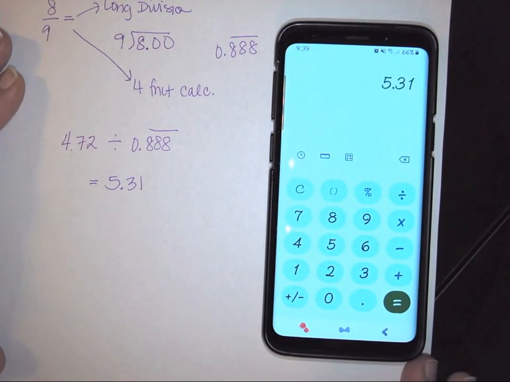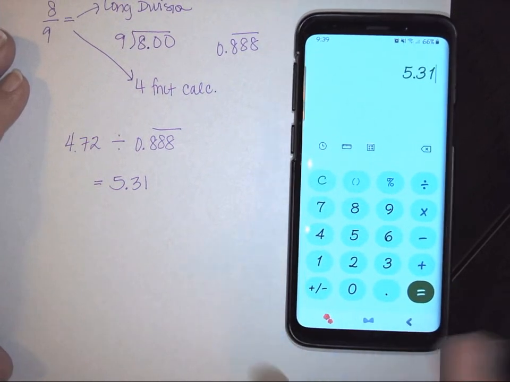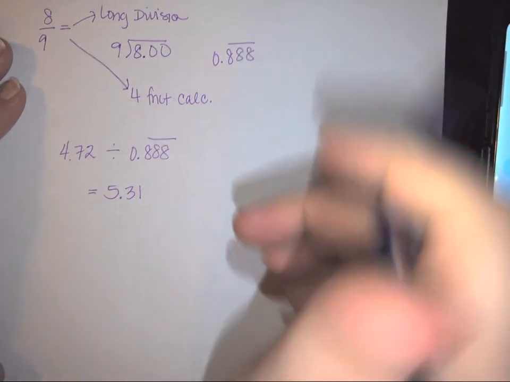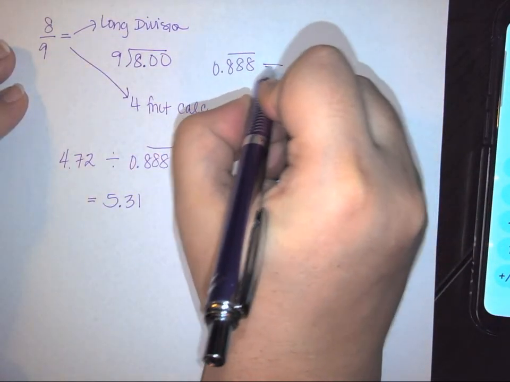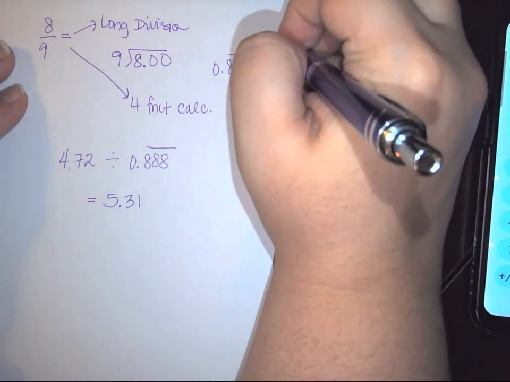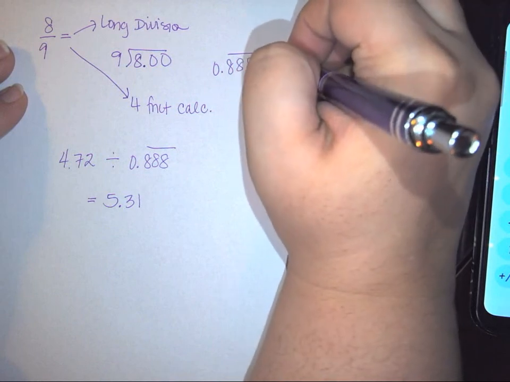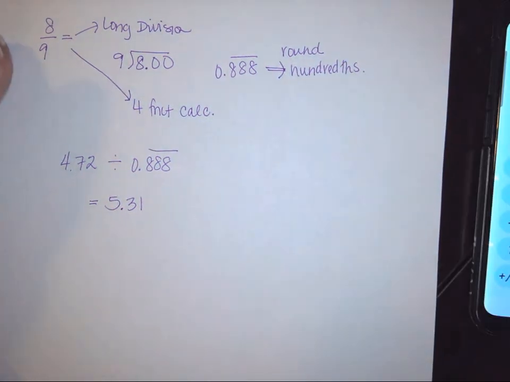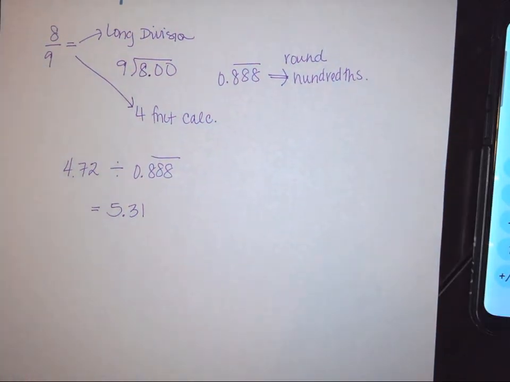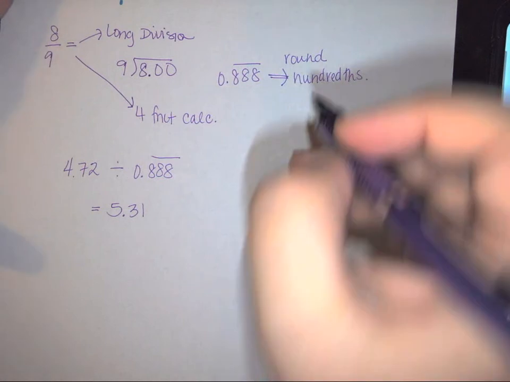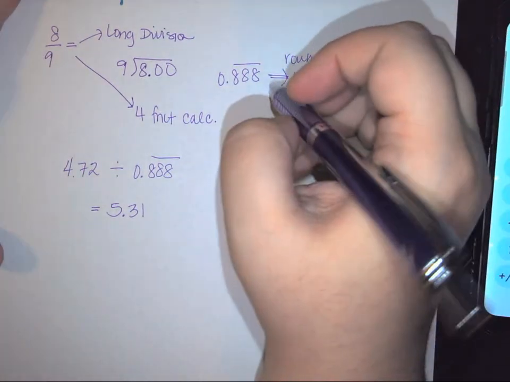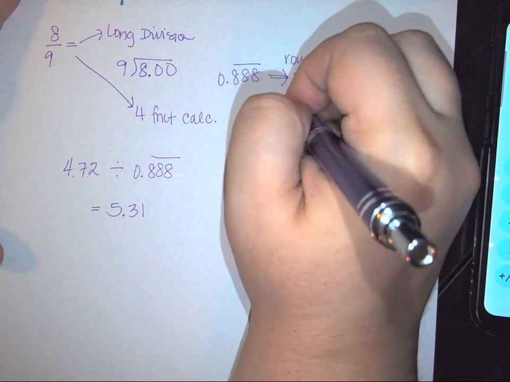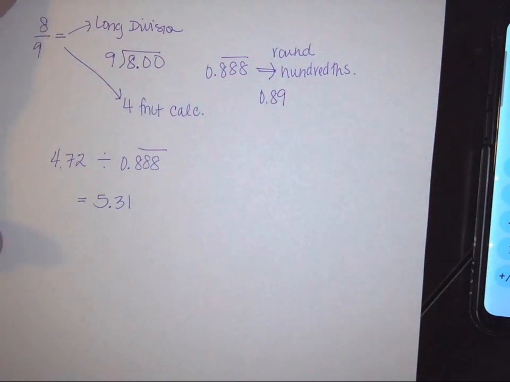Now, I wanted to point out what a lot of students do. A lot of students take this decimal here and we go ahead and we round this. And we round to the hundredths. Now, why did we round to the hundredths? Well, because that's what the directions said, and so we round early in the problem. So we turn this instead into 0.8 repeating, we turn this into 0.89. So I want you to look at the difference.